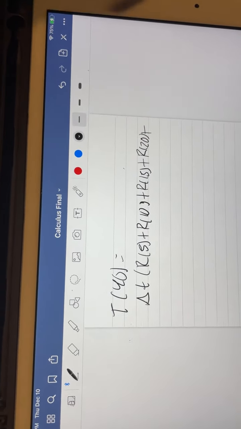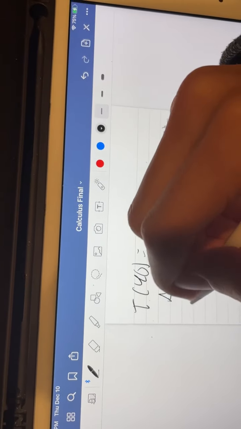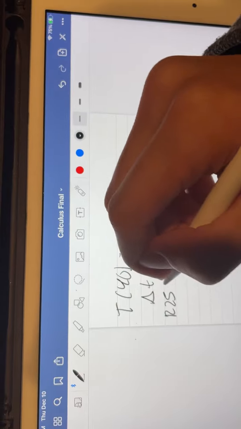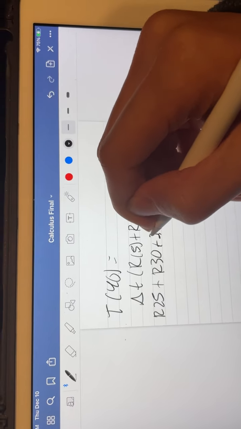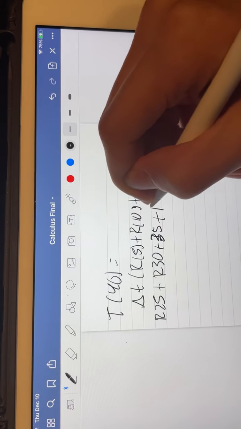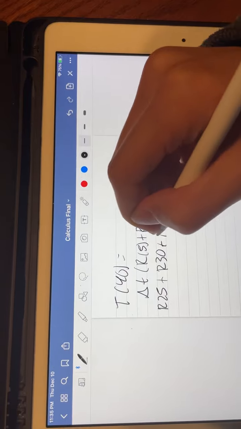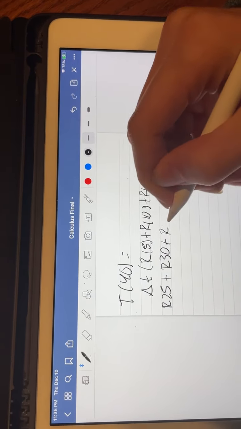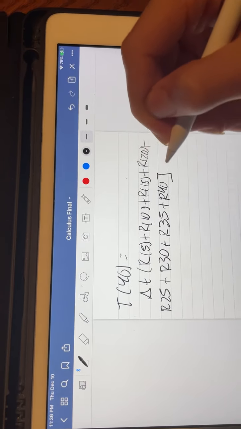So plus 20, then plus 25, R25 plus R30 plus R35 plus R40, sorry, my mistake.